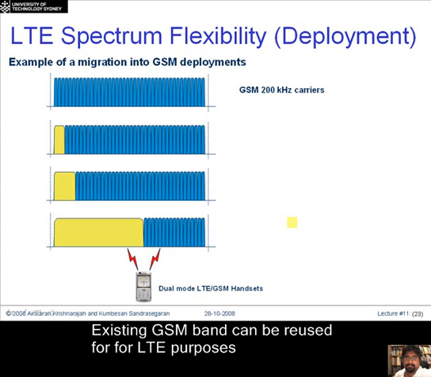So essentially you might start off with a GSM system which may have a number of 200 kilohertz carriers. So the first solution might be, okay, we take a couple of these GSM carriers and maybe we introduce LTE in the 1.4 megahertz band as shown in yellow on this particular diagram, and on the remainder of the GSM bands we continue to operate a GSM network.